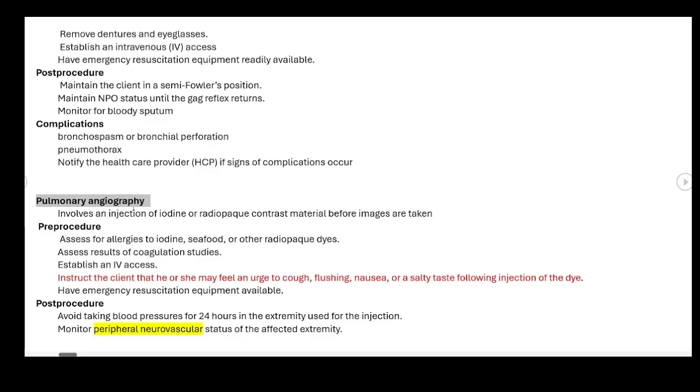So when you hear angiography, angio means a dye procedure, and graphy means X-rays. So in pulmonary angiography, we inject iodine or a contrast. We inject the contrast material before images are taken. So again, please remember, angio is a dye procedure.